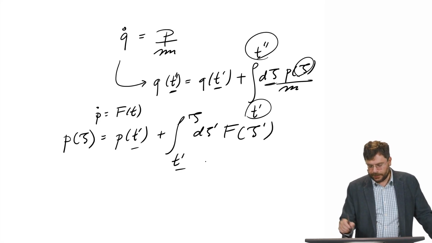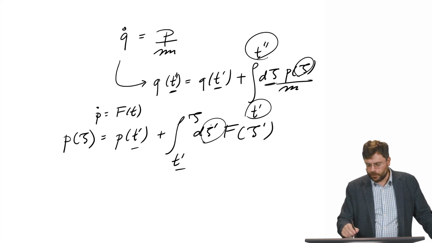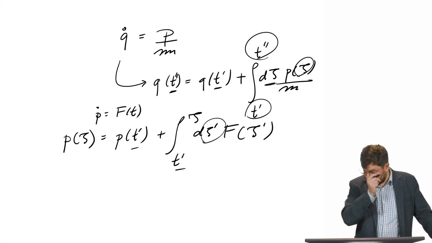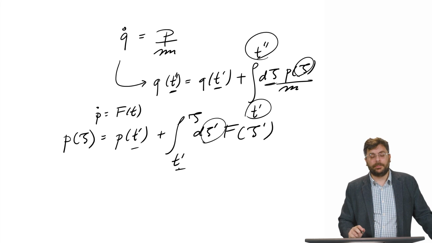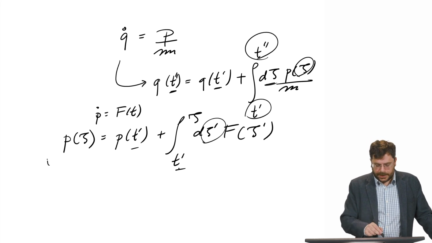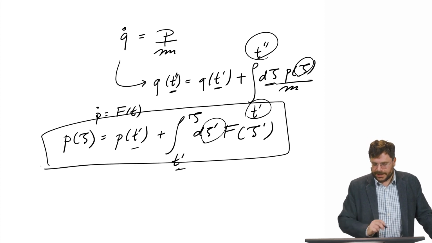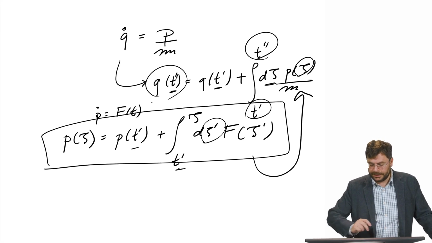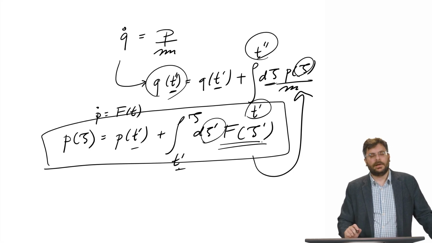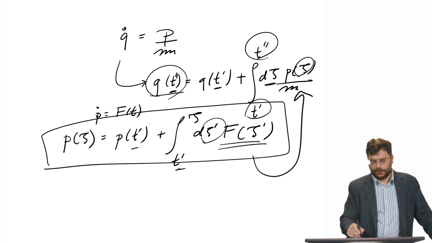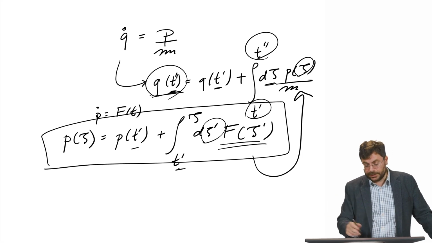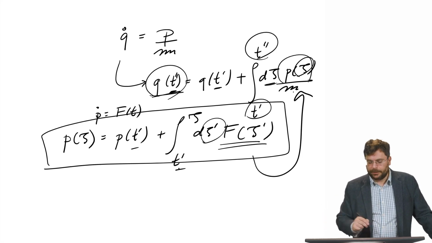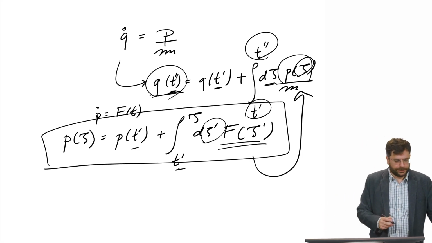Again, t prime is my initial condition, tau prime is a dummy variable, and I'm integrating from t prime to some tau. But now that I have a p of tau, I can plug it in here to figure out how my q of t depends on my force. Because right now my q of t double prime depends on my p of tau, and I'd like to be able to figure that out.